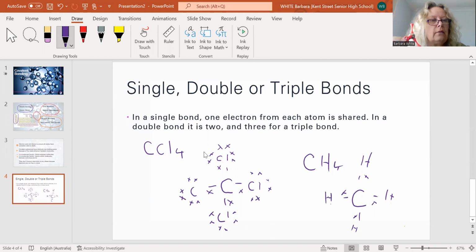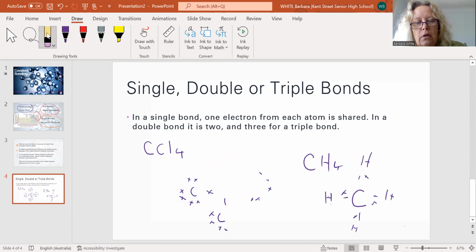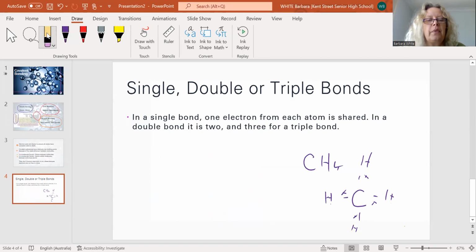But for the water one we did before, let me just rub some of that out, make some room. I should have paused the video for that. There we go. All right, so we've got H2O. Oh, that's an eraser. H2O, 2 hydrogens and an oxygen.